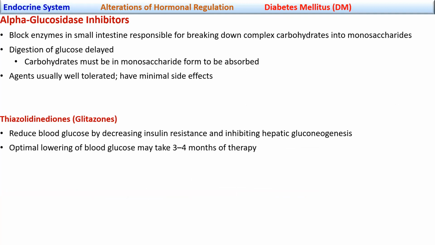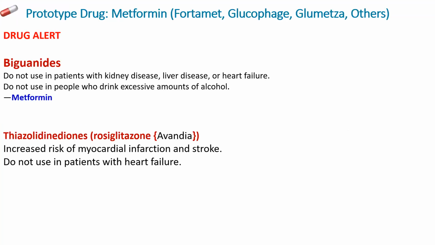So we should avoid the thiazolidinediones like Avandia or glitazone in patients with heart failure. The drug increases peripheral insulin sensitivity, so it is contraindicated in patients with CHF and fluid overload.